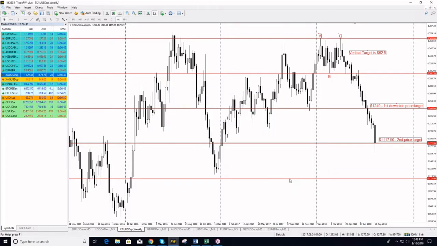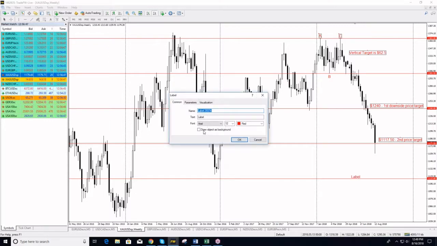So that's the next target on a weekly basis. It is the third price target.